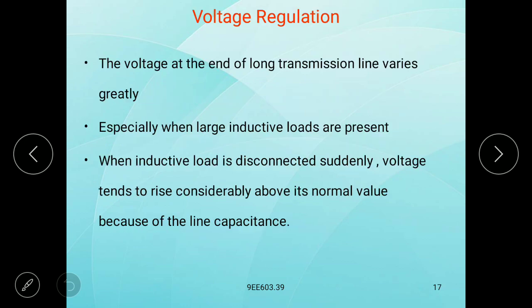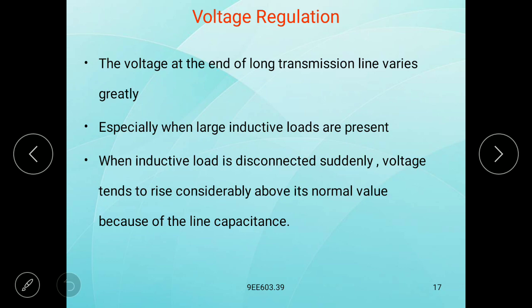Now, voltage regulation. The voltage at the end of a long transmission line varies greatly, especially when large inductive loads are present.